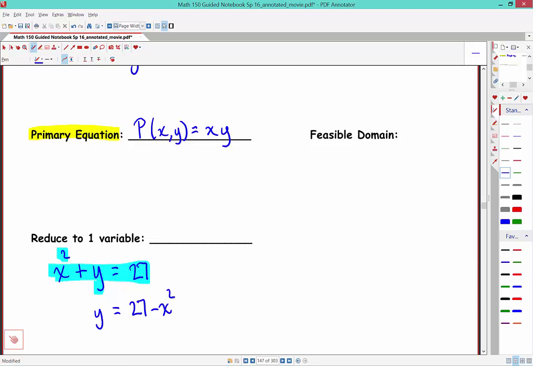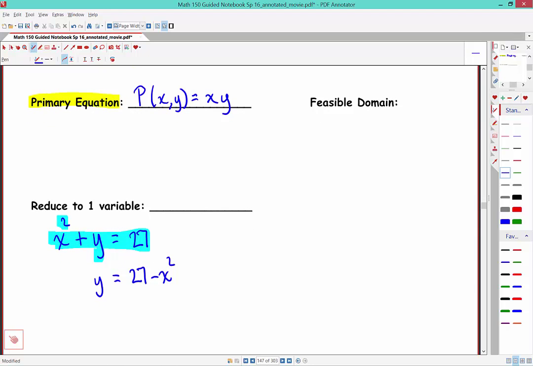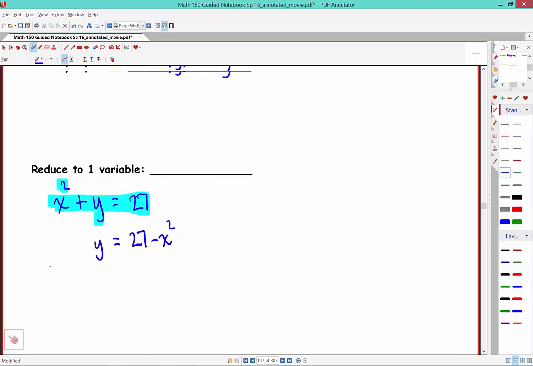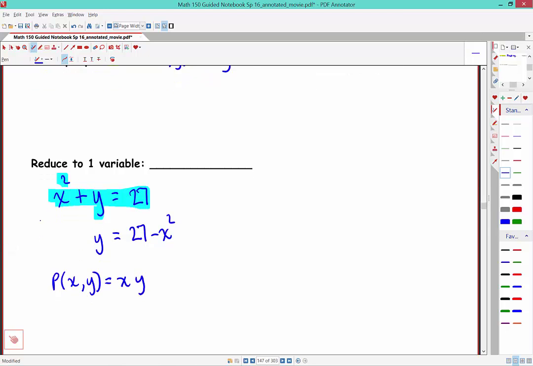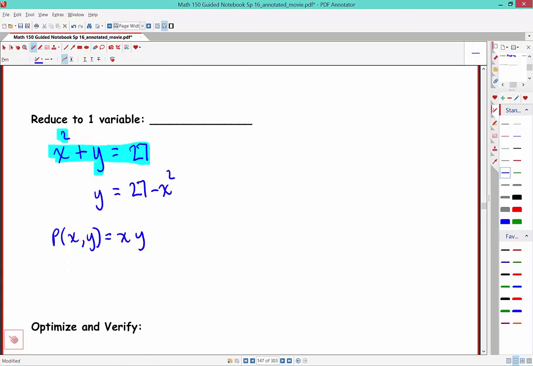Okay. Now, taking our product equation, remember that our product in terms of x and y was equal to x times y. But we have now written y in terms of x. So the product in terms of x alone is going to be x times, good, 27 minus x squared.